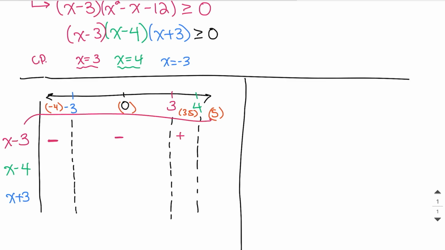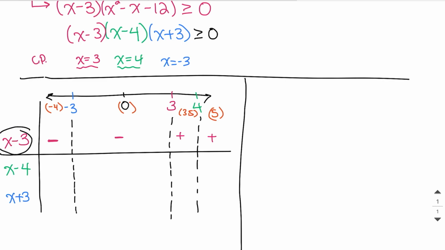And if I were to plug in 5 for x right here, then I would have 5 minus 3, which is positive 2, which would give me a positive value. Okay? So we know if I just had x minus 3, it would be negative all the way until I get to positive 3 right here, and then it would become positive afterwards.